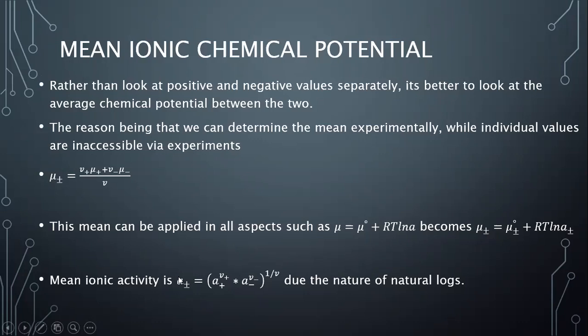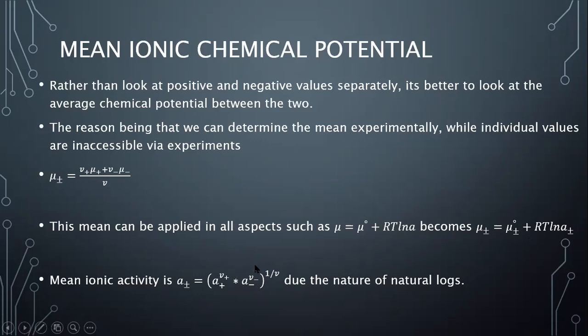So our mean ionic activity then becomes, we're going to take the activity of the cations raised to the power of the coefficient of the cations times the activity of the anions raised to the power of the coefficient of the anions, all raised to the one over the total number of all ions. This is due to the nature of the log. We cannot just add these together and average them, because this is within a log.